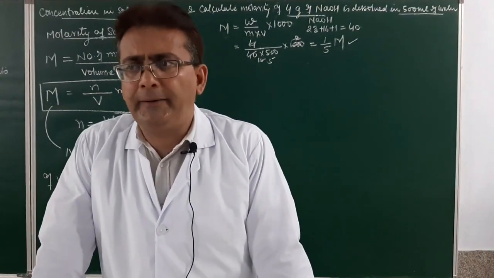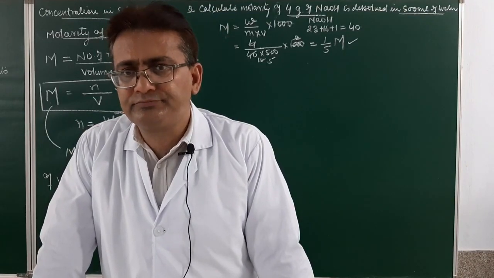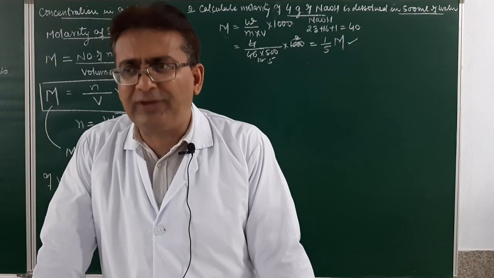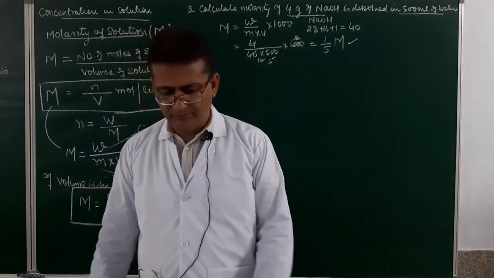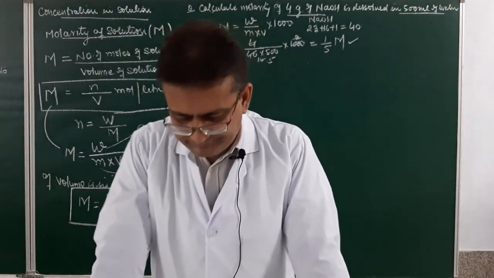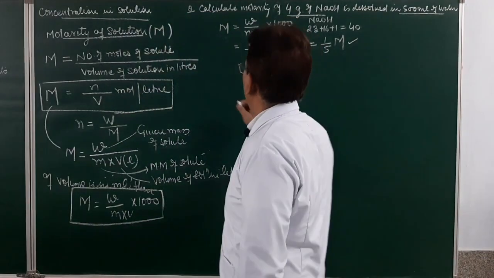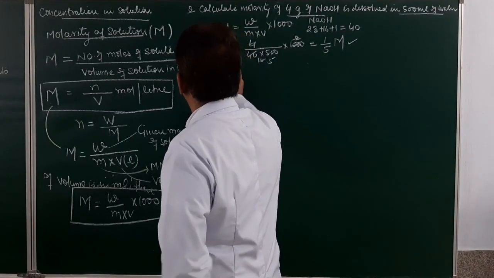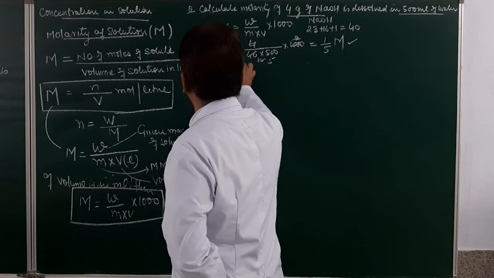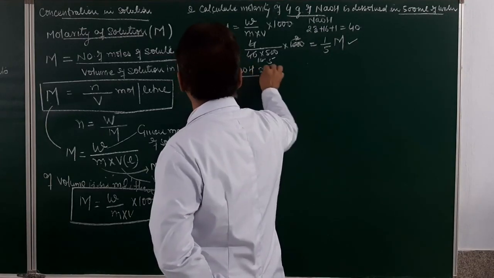If you say decimolar, it can be expressed as decimolar. It can be expressed as centimolar and so on. Am I getting clear? So suppose if I say 1 molar sodium hydroxide solution, what do I mean by this?